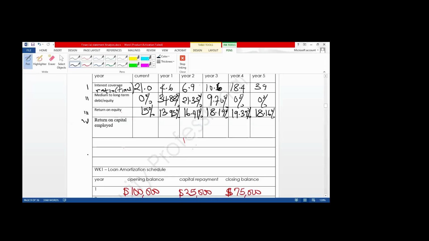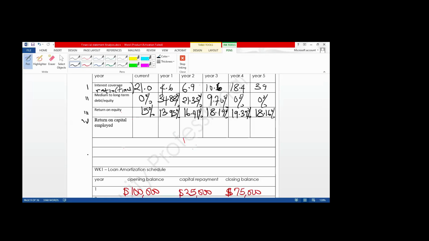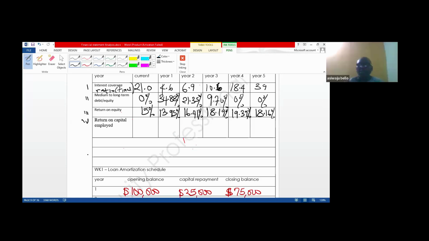Please, what is return on capital employed? How do we compute return on capital employed? It's profit before interest and tax over long-term capital. No, please.